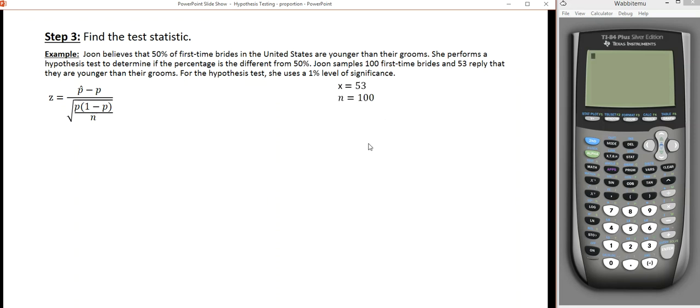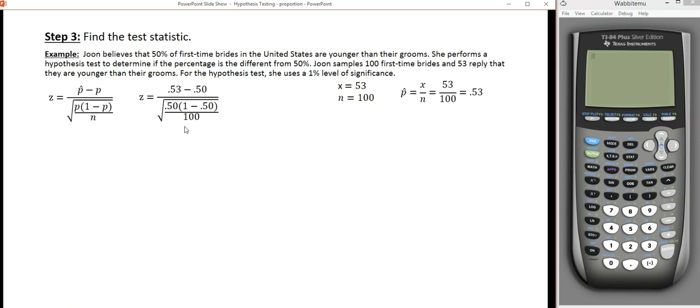So let's write that down. And then to get p hat is x over n, so we put 53 divided by 100, which is 0.53. So now we can fill in all of this information. We get 0.53, there's our p hat, our 0.50, our p, and then we fill in p down in the denominator and our n.